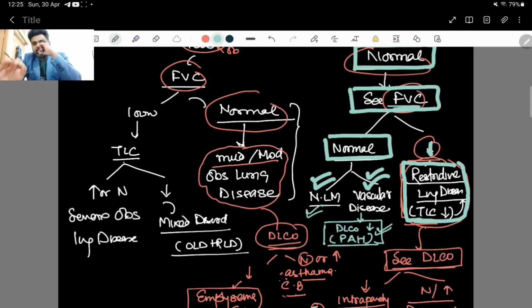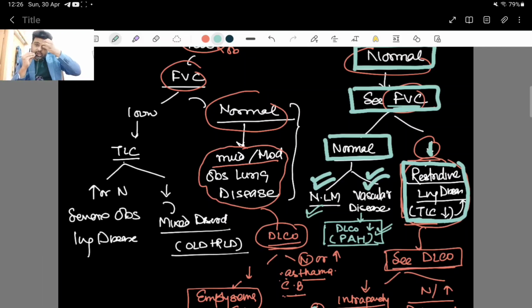Now, a very important point. In a PFT, if everything is normal, the patient has dyspnea, has undergone PFT, and everything is normal in the PFT, and the only thing that is decreased is DLCO, you can blindly say that this is a patient of pulmonary artery hypertension.